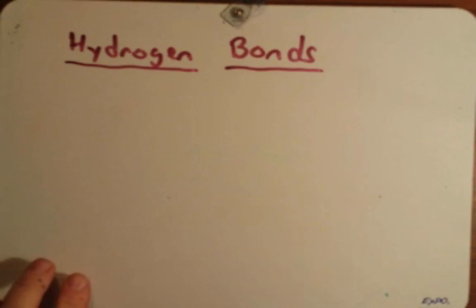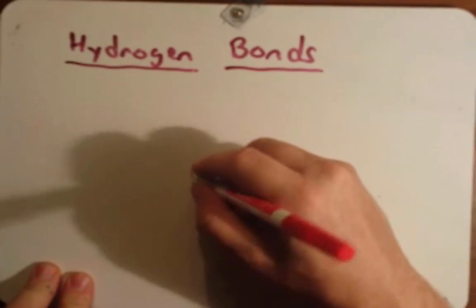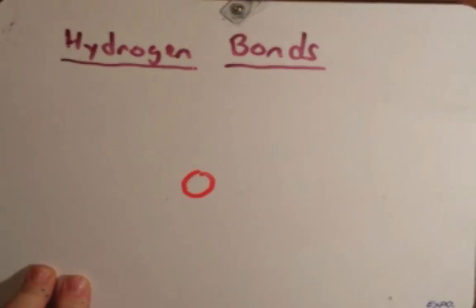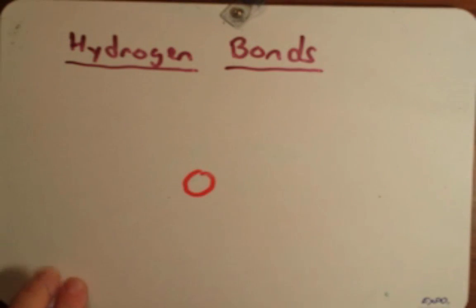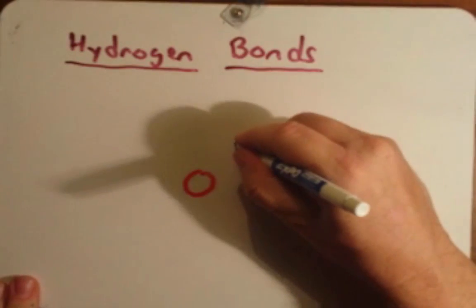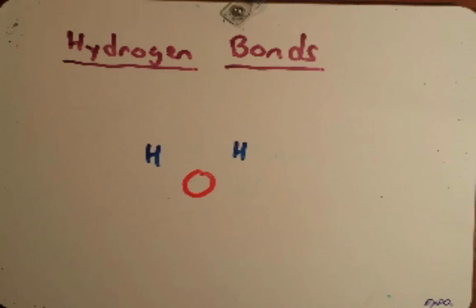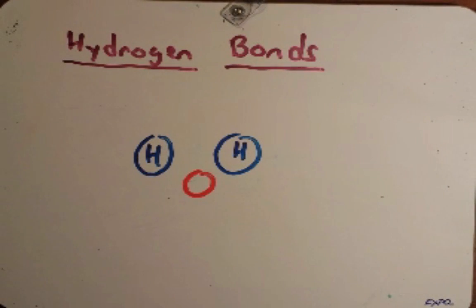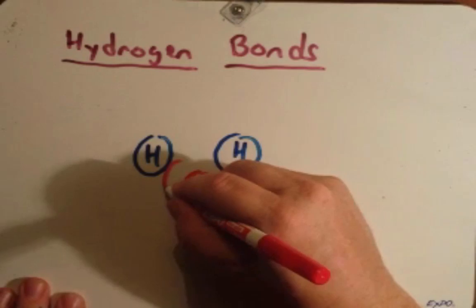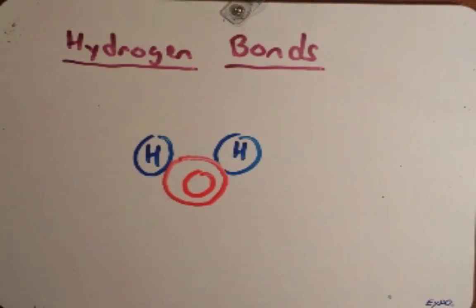And in doing so, let's draw a water molecule. And remember, this water molecule contains polar covalent bonds with an oxygen atom and 2 hydrogen atoms. And remember, we said these covalent bonds are characterized by the sharing of electrons with their outer shells.